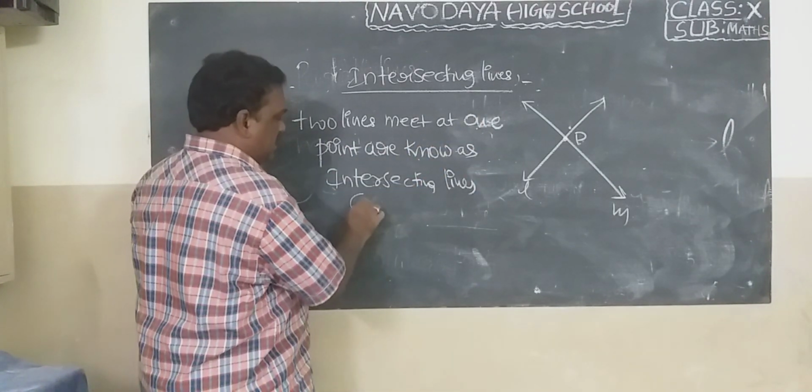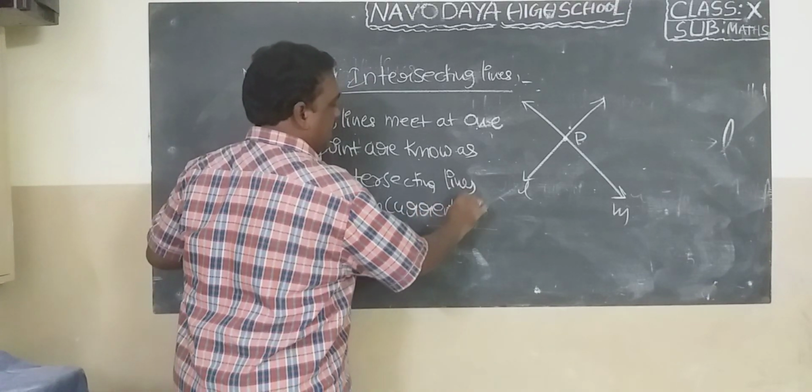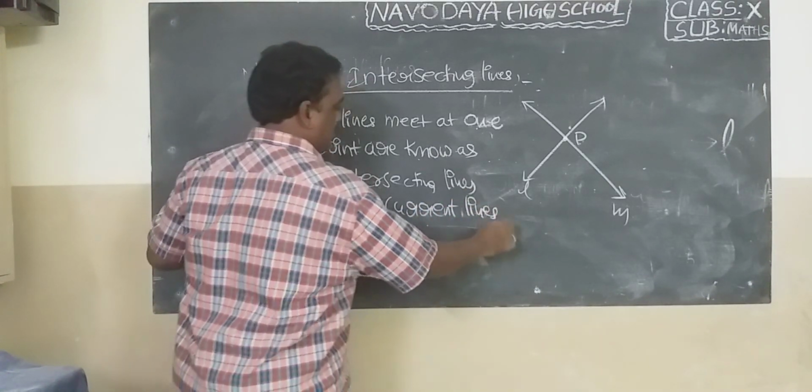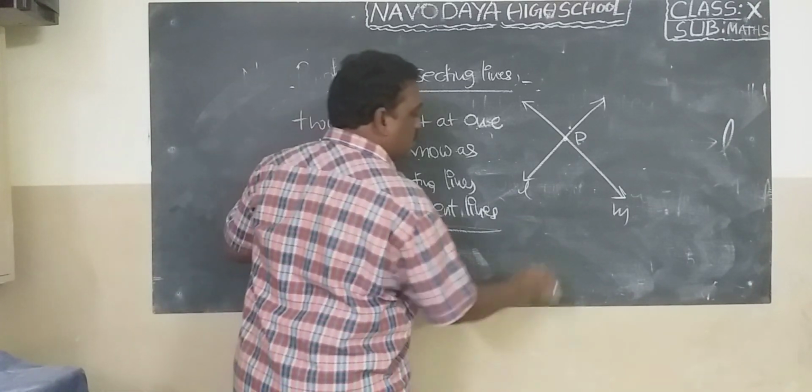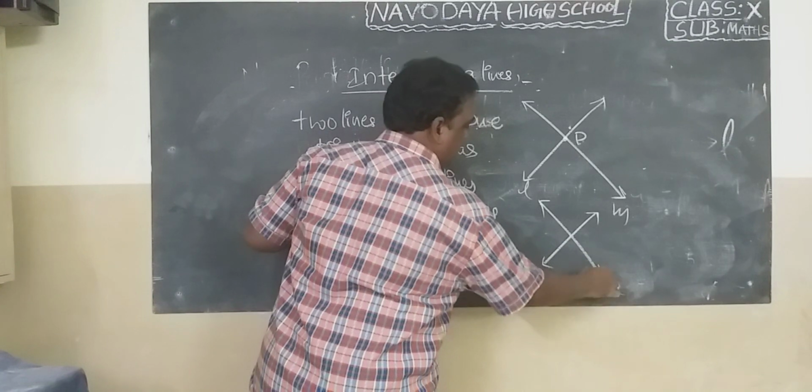And we can talk about concurrent lines also. Last one for today. Concurrent lines. More than two lines, maybe three, maybe four, whatever it may be.